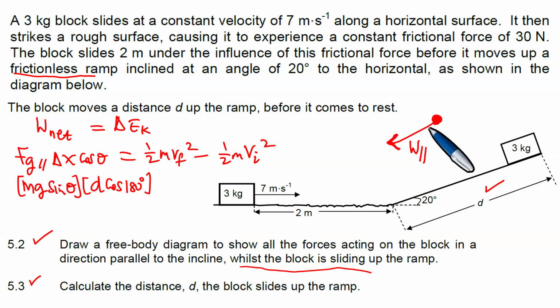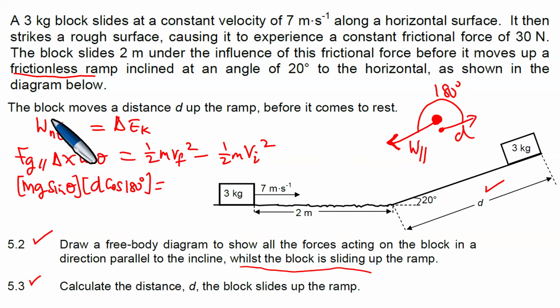Because when this parallel component of the weight is straight down like this, we understand that the displacement D is straight up the incline, so that the angle between these two is 180 degrees, just that way.